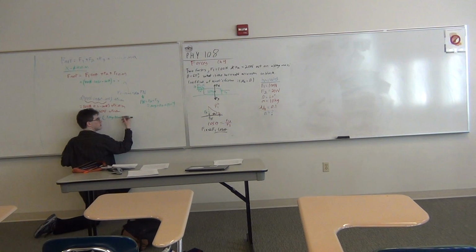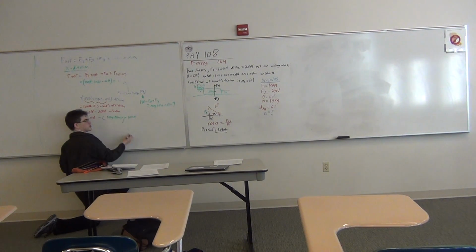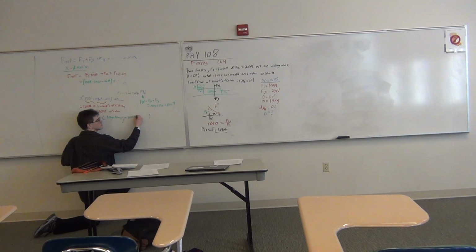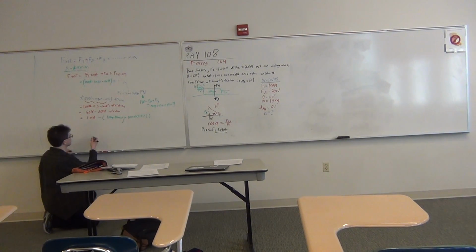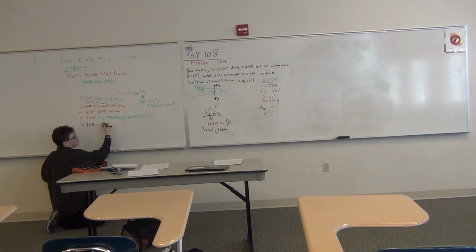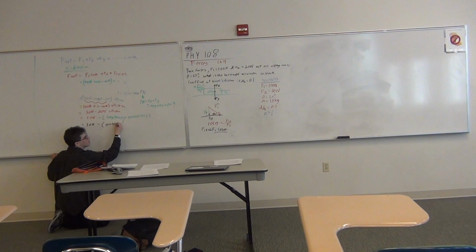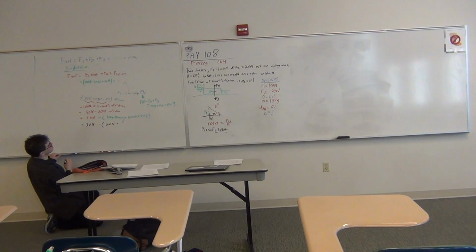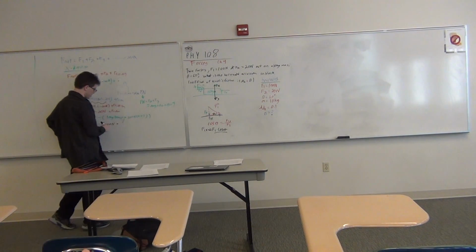plus force 100 times sine of 60. How much is the sine of 60? 0.87. Okay. So we get 100 newtons minus 100 newtons plus 100 times 0.87.